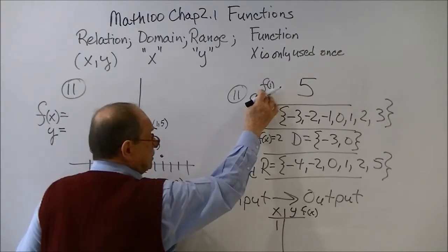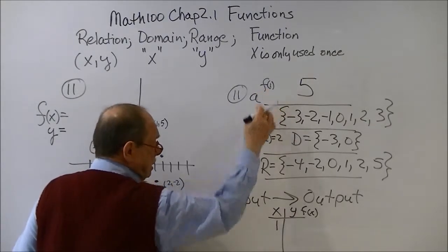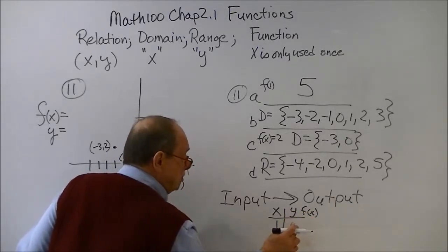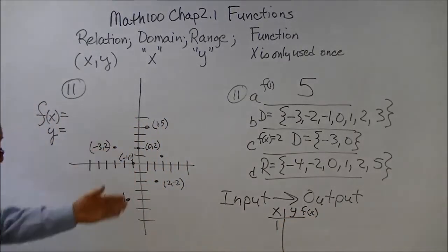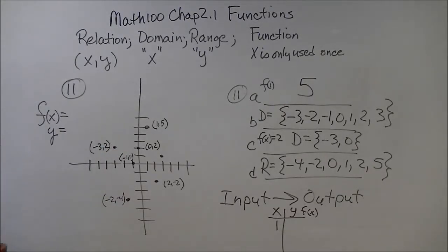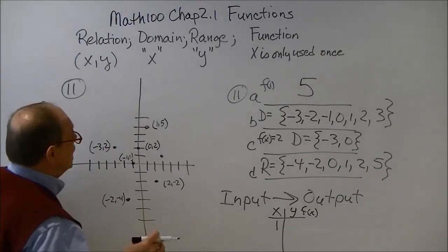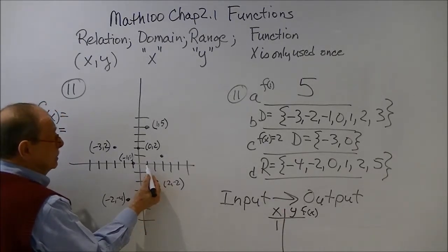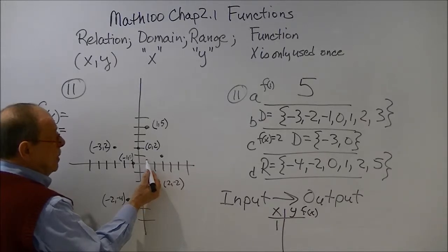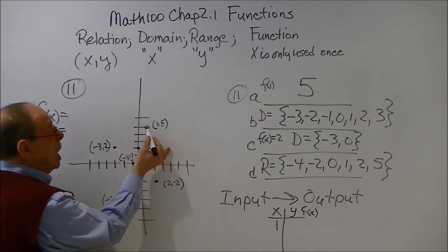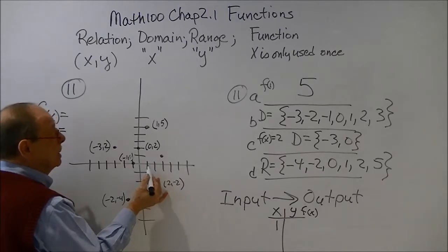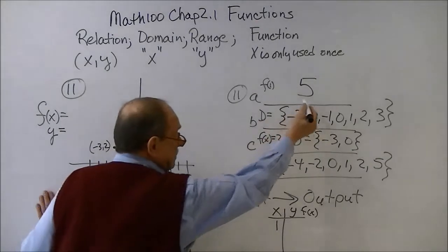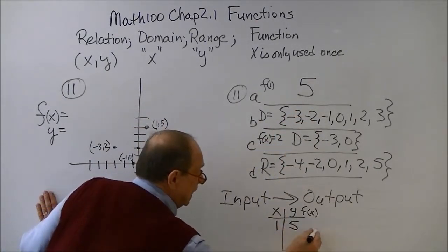They want to know the function if x is 1. What will the output be? What will y be? So we look at our graph and we say, well, where is x 1? x 1 is right here. So we go up. What is y when x is 1? Y is 5. And that's where I get my 5 there.